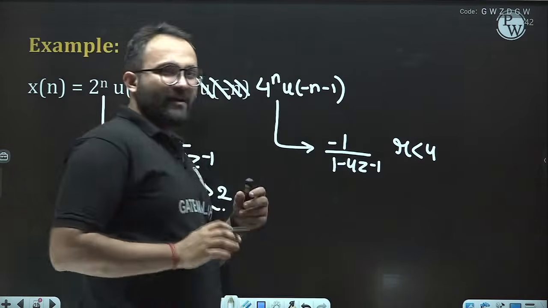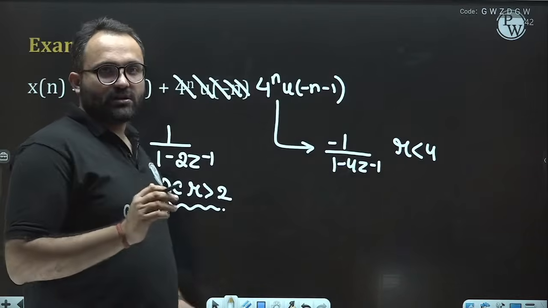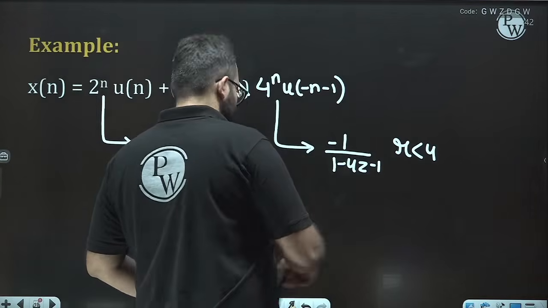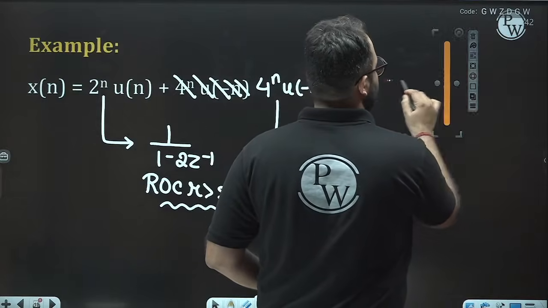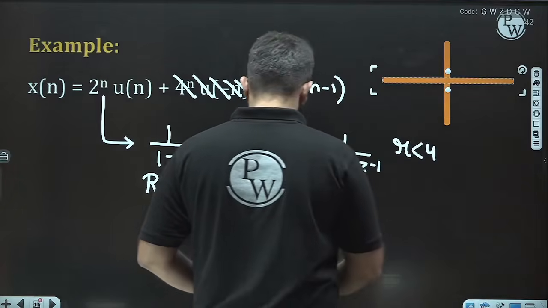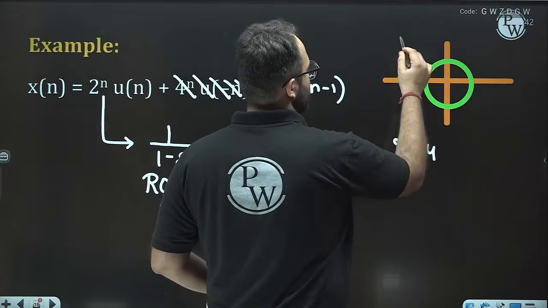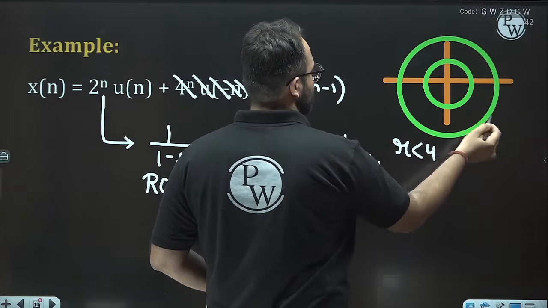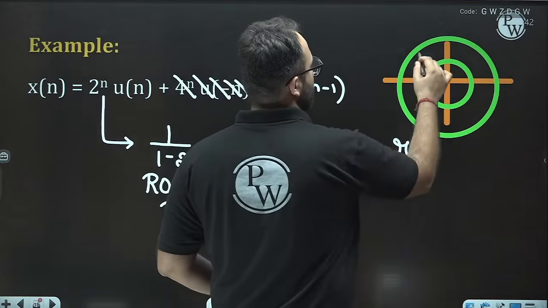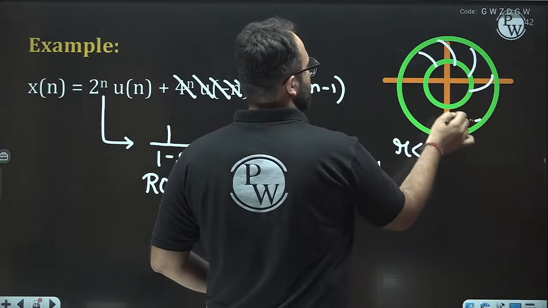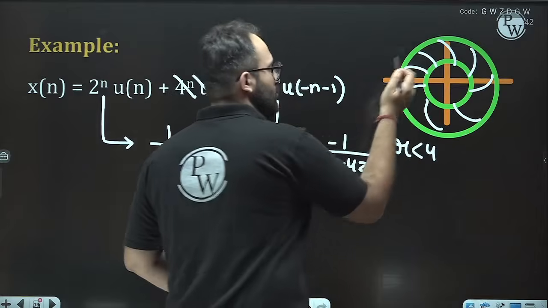So we have a region between two circles. Is the region valid? Yes. One is saying that it requires the region greater than the circle of radius 2. The other is saying that it needs the region inside the circle of radius 4. So this is the region, from 2 to 4.